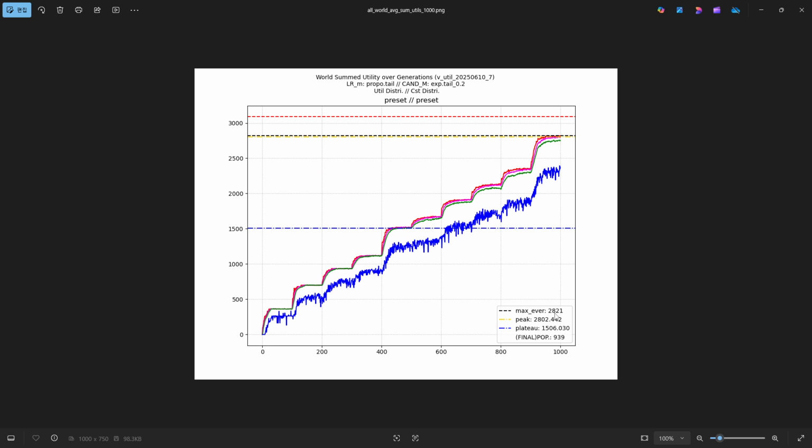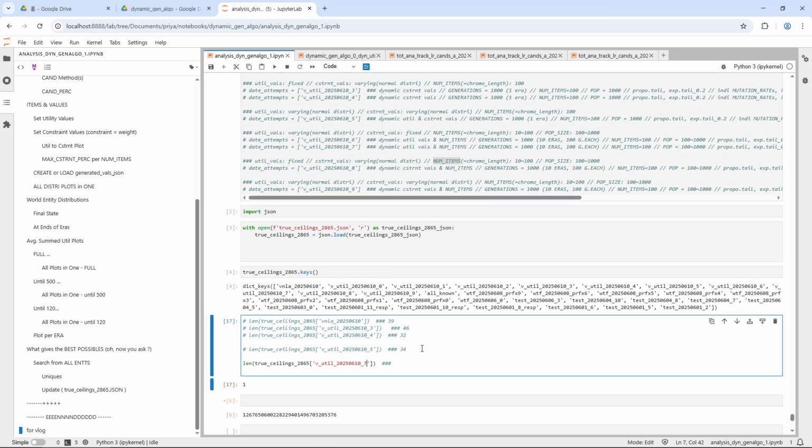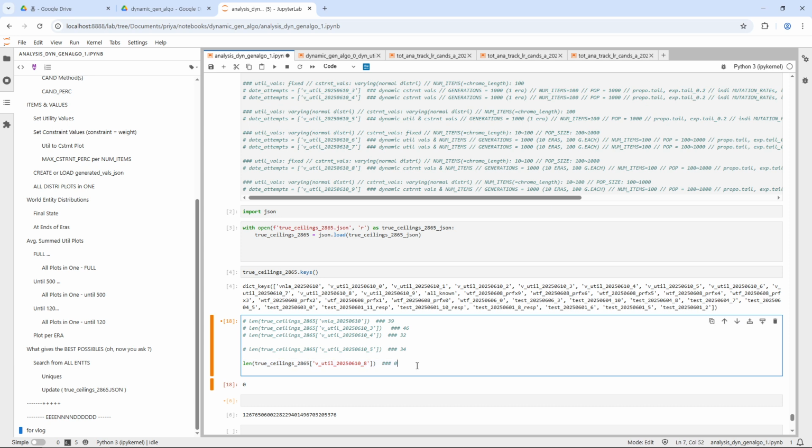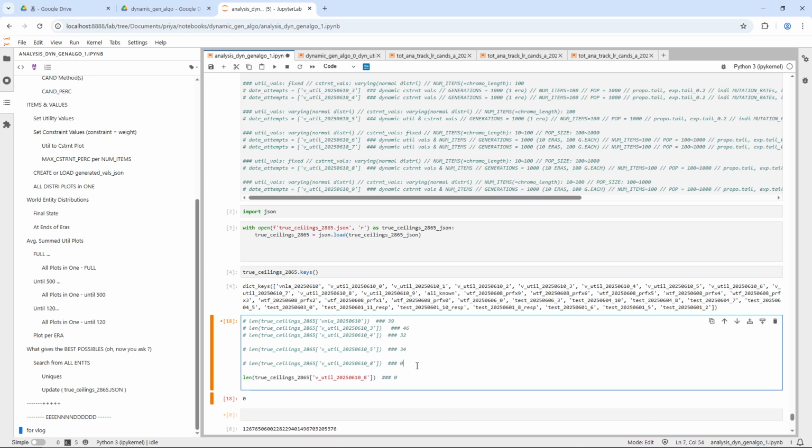And the maximum ever was 2821. So we didn't get that, because this is where the constraint values were fixed. So let's find out if we did or did not. 0. We got 0. And I only did this once, because it kind of signaled that it does not work when I do this.